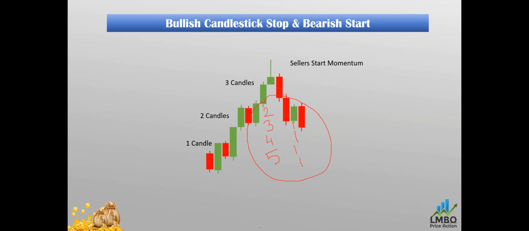When you get this information, you will think of going with the sellers. So buyers have stopped, there is a bearish pattern, and the sellers are starting momentum: 1, then 2. Again, how many candles can we expect? Maximum 3, 4, 5, minimum 2 candles, and this pattern can be tradable.